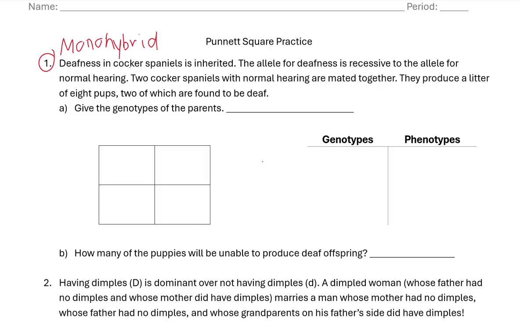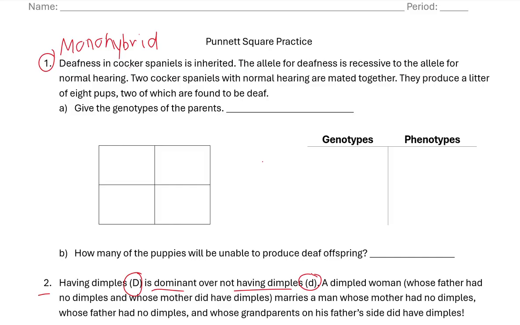In this question, we are not given letters for our genotypes. Like number 2, for example, having dimples is capital D dominant, and not having dimples is recessive, lowercase d. It doesn't tell us that here.